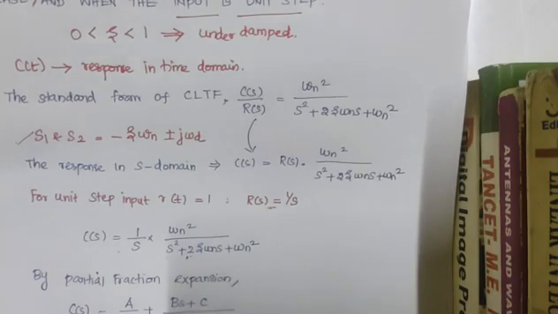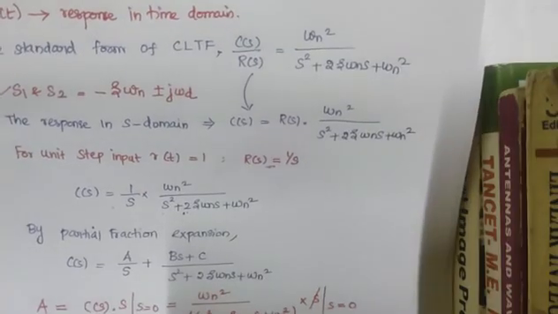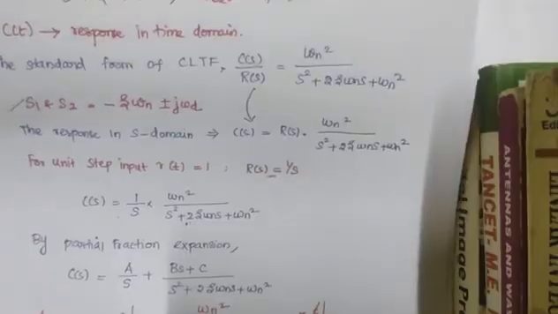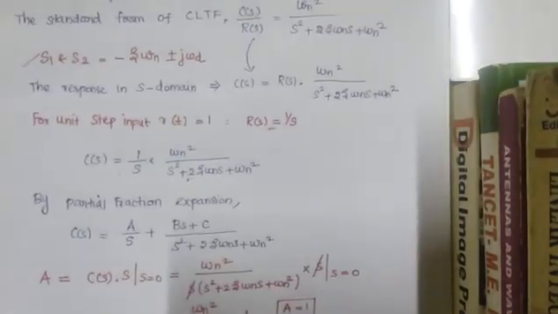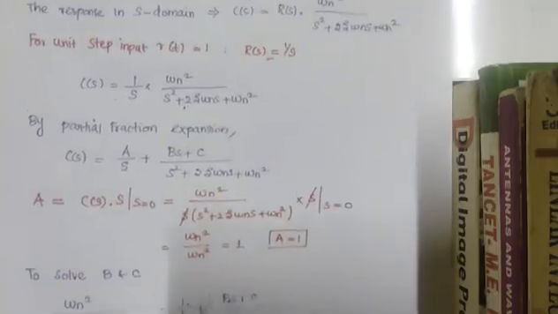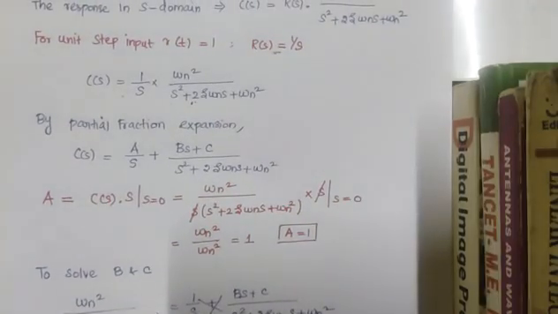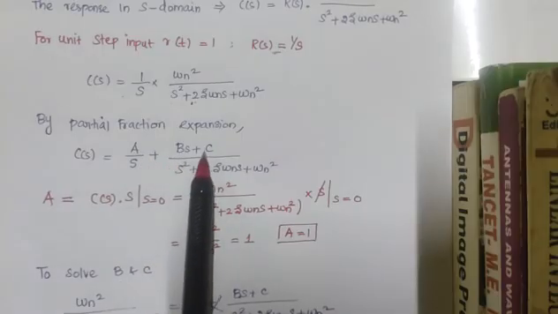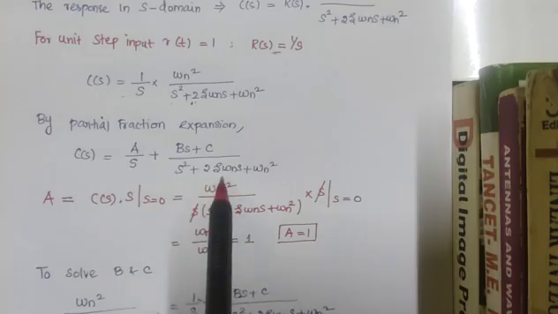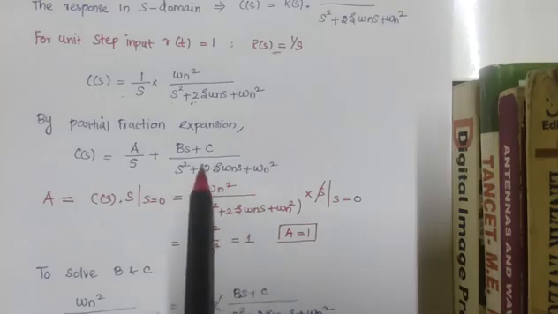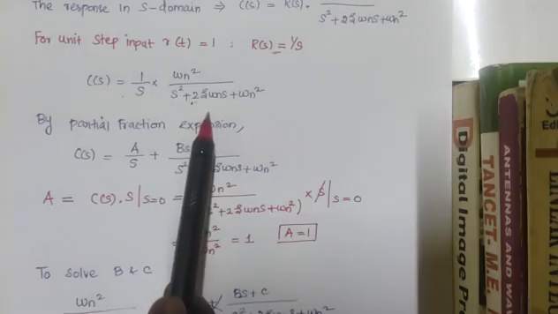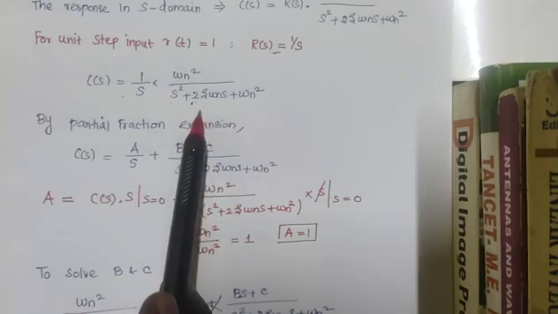Now I am going to apply the partial fraction expansion for this particular case. So I am going to write it like this: A by s plus Bs plus C divided by s square plus 2 psi omega n s plus omega n square, because here the roots are complex conjugate for this particular polynomial.